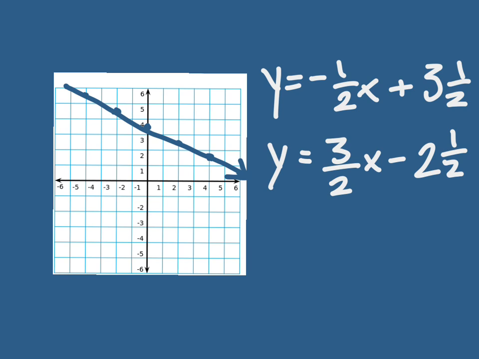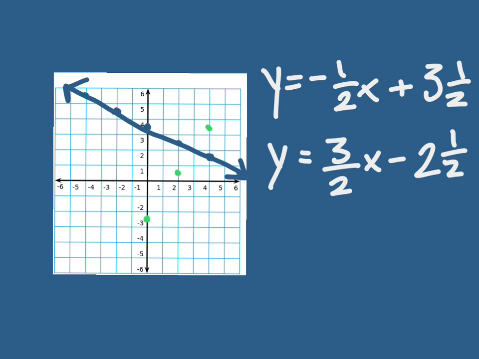the best I can. Okay, and my second equation, my y-intercept is negative 2.5, so I'll go down 2.5, put a point. And my slope is 3/2, so I'm going to go up 1, 2, 3, and to the right 2. 1, 2, 3, to the right 2.